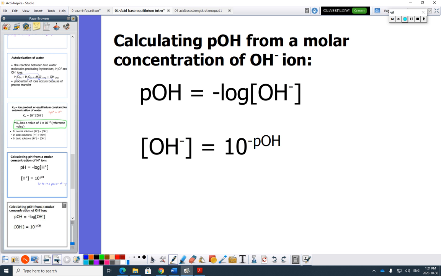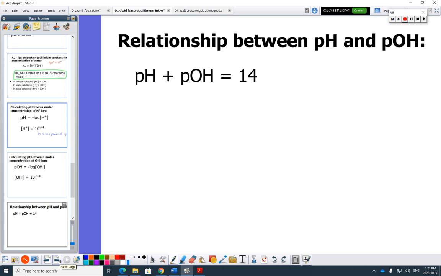We don't deal with a pOH scale, right? That's not a thing. So whenever you have a base question, there's always going to be one more step. You can change pOH into pH. So pH plus pOH is 14, because we don't have a pOH scale. So you always want to change it.